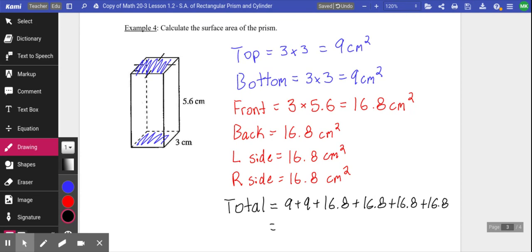You should get 85.2 centimeters squared. Got it right? Wrong? Did you use 16.8 times 4? Yeah, and then did you add? Not times 4. I did 16.8 times 2 times 2 times 2. I forgot the 2 times 3. Oh, the top and the bottom, and then times that by 2. Okay. As long as you can recognize where it went wrong.